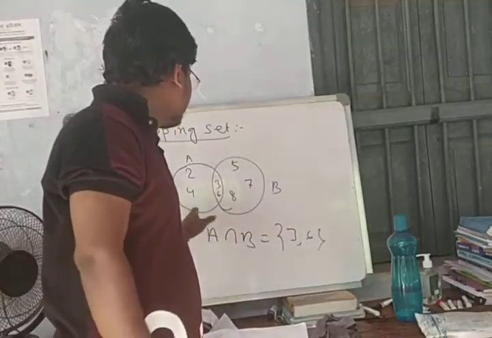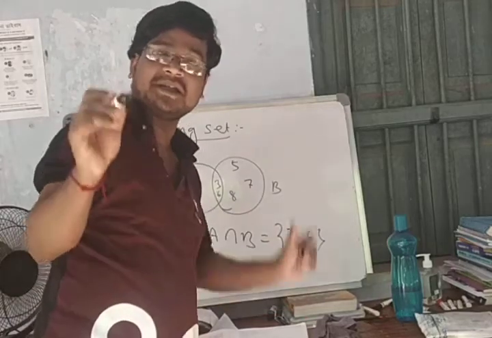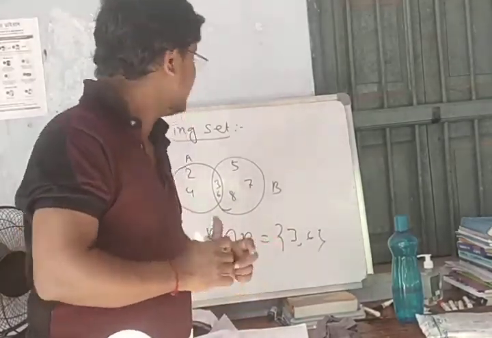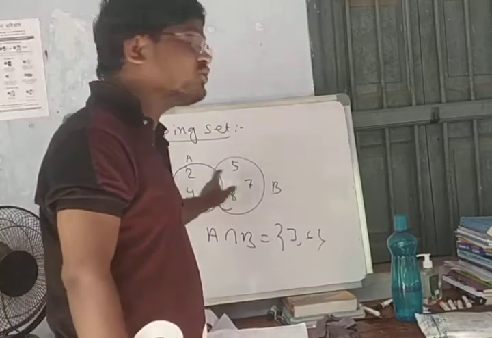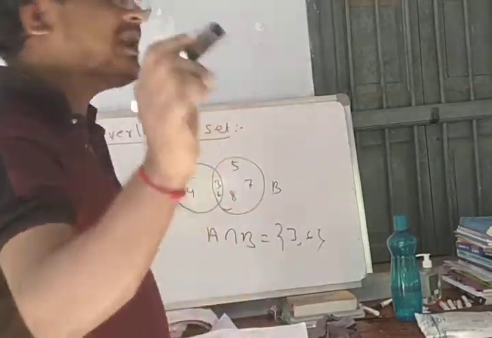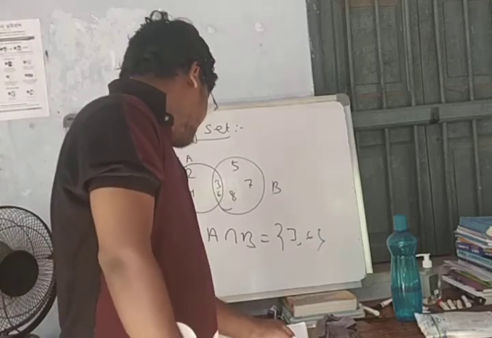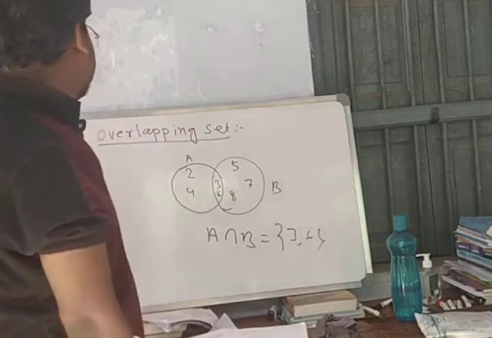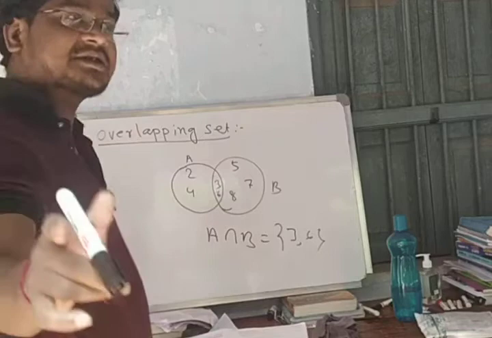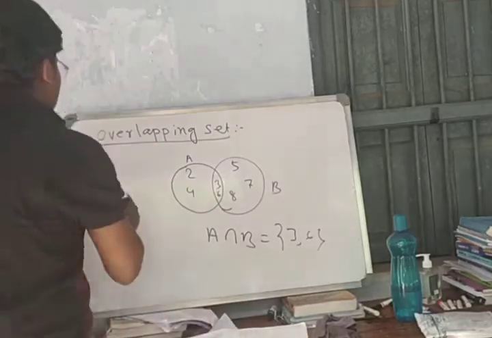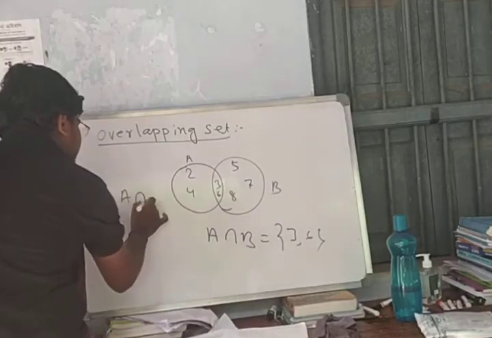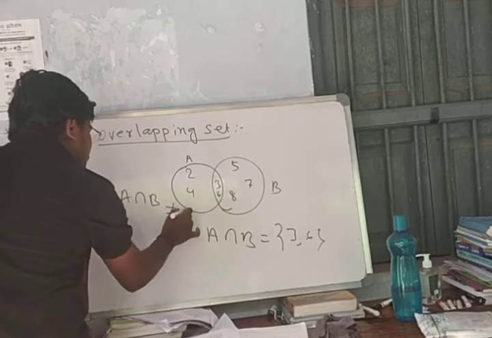Therefore, their intersection is not phi, the null set. Therefore, we can say that these two sets are overlapping sets. And if the intersection is not phi, overlapping means A intersection B is not equal to phi.